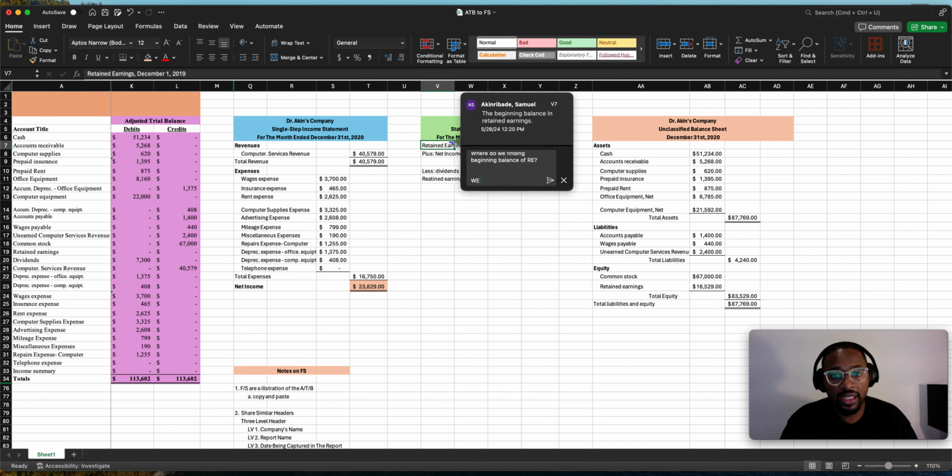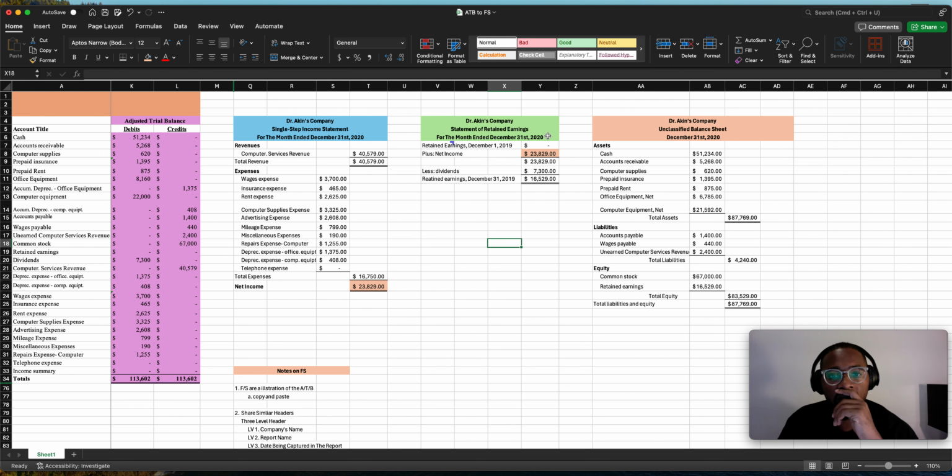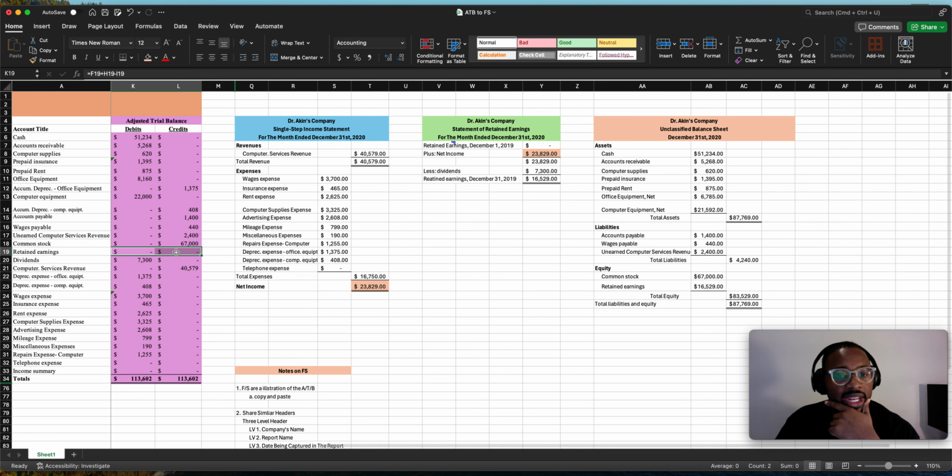It can be found in the adjusted trial balance. That's where it can be found, guys. Very, very critical. So when we go to our adjusted trial balance and we look at retained earnings, we see that we don't have anything. So therefore, we put 0.